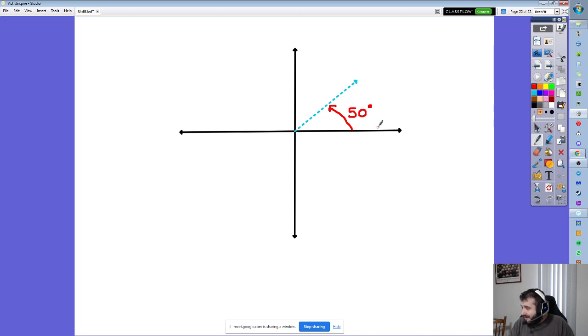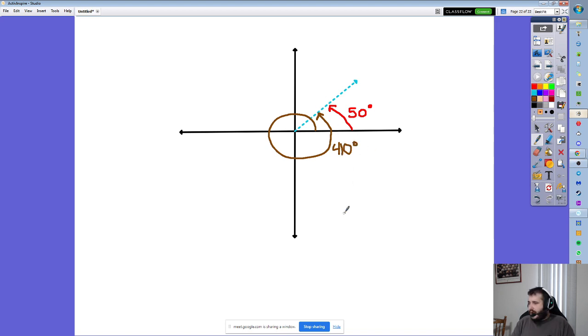We are, in fact, working with terminals, and I'm about to talk about. So this is 50 degrees. 360 and 50 makes like 410 degrees.